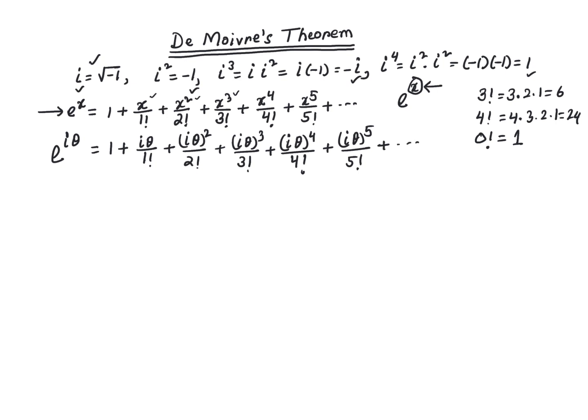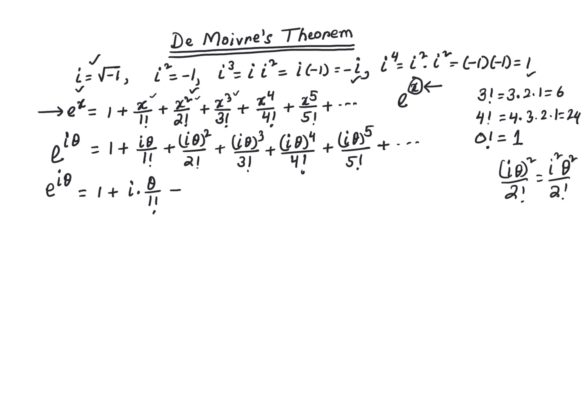Now, if I simplify it a little bit, on the right hand side I'm going to get the following: 1 plus i times theta over 1 factorial plus, now I'm going to stop here a little bit. I have (i theta) squared over 2 factorial, which is i squared times theta squared over 2 factorial.